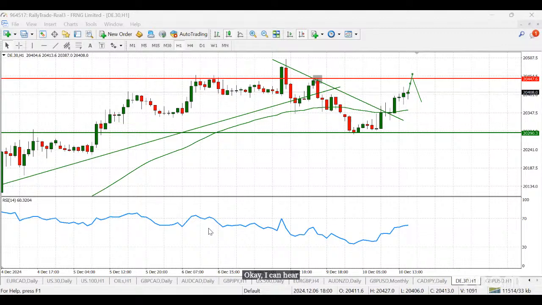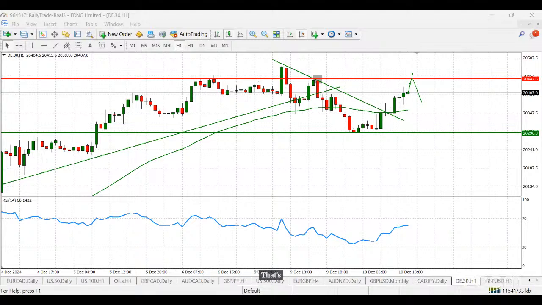Now, for instance, you're talking about RSI 70 being overbought and 30 being oversold. Yes, 70 means overbought, that's correct.